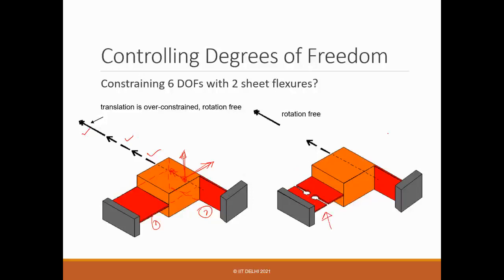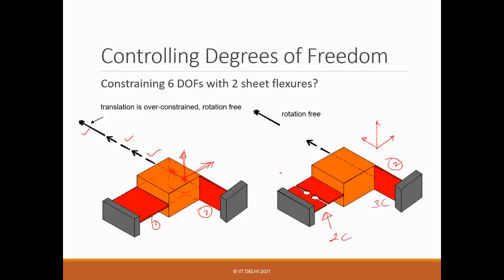Here, let me just put the direction, talking about translation and rotation. So this one will provide 3 constraints, but this one will provide only 2 constraints. So 3 constraints here, and here 2 constraints.